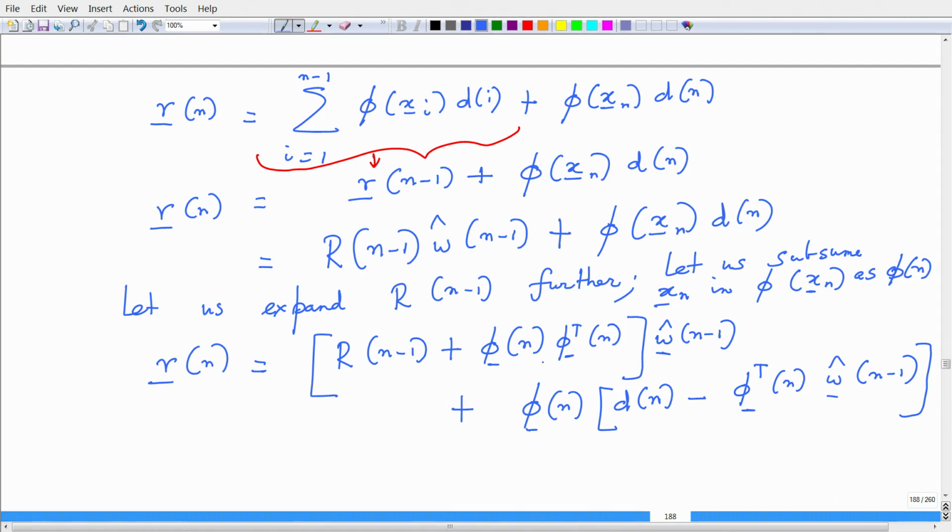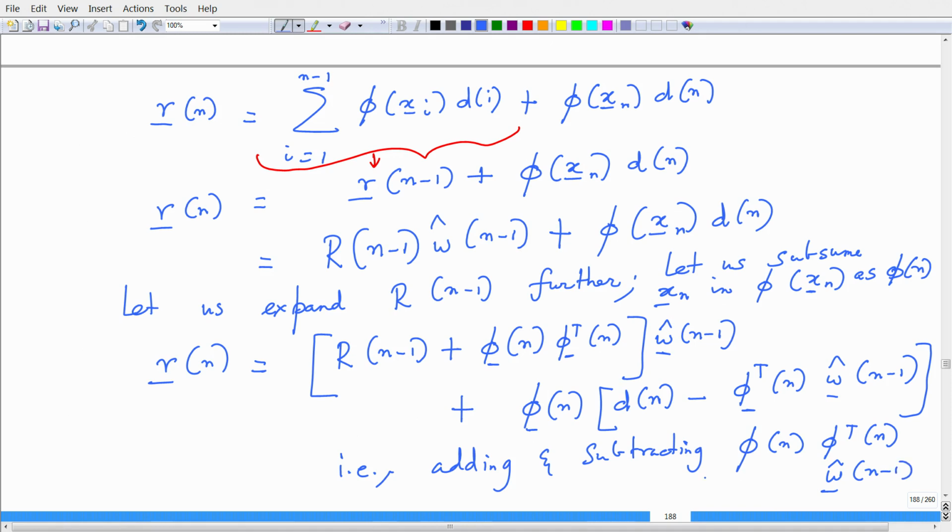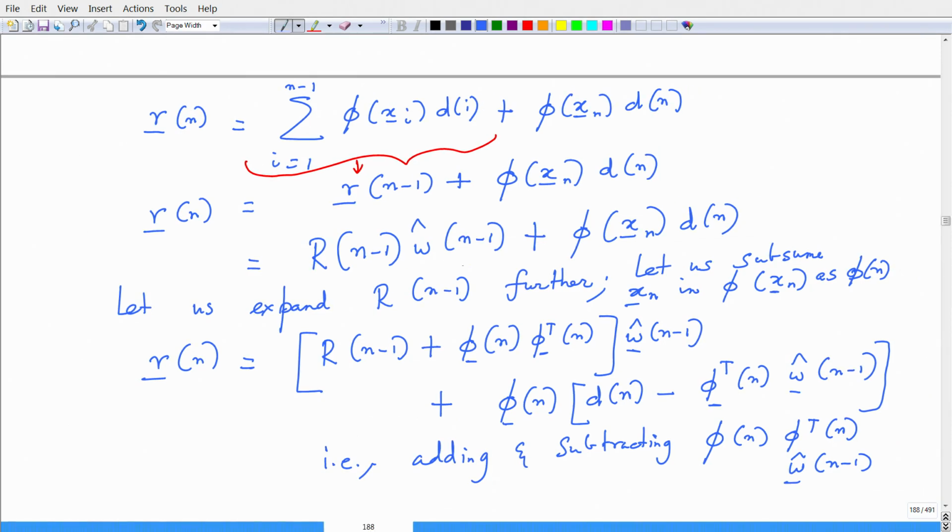I am just adding and subtracting phi n times phi transpose n times w hat of n minus 1. So, this is what I am doing. Yeah, we need to put this bar here for w hat, just a small fix.